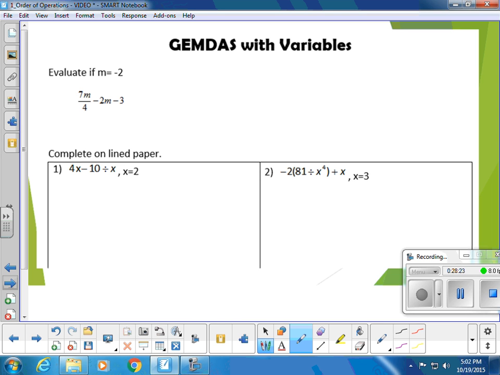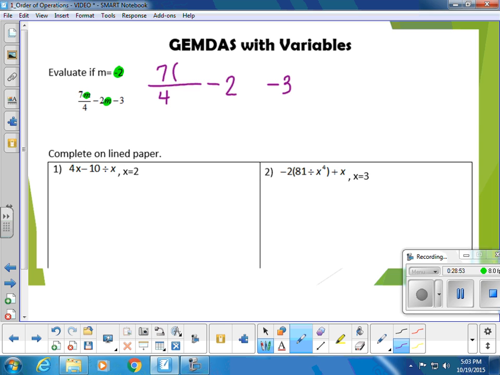So if we look at our example, evaluate if m equals -2. That means that every place that I see an m, that is now a -2. So with pink, we're going to rewrite our problem. I'm just rewriting what I see, not the m's, just what I see.